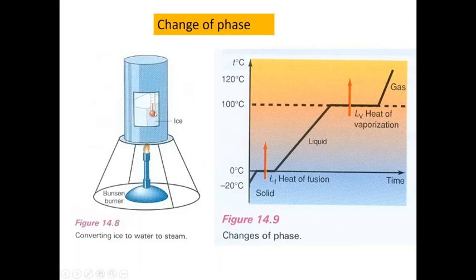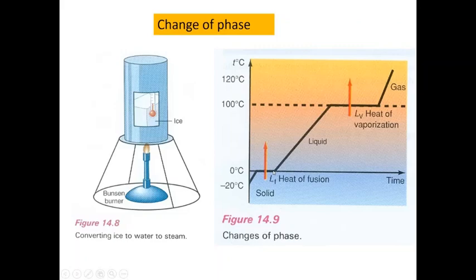This was the initial temperature of the ice. Then by heating, its temperature increases with time up to 0 degrees Celsius, when the ice starts to melt. In this part it's ice, and during its melting its temperature doesn't change.